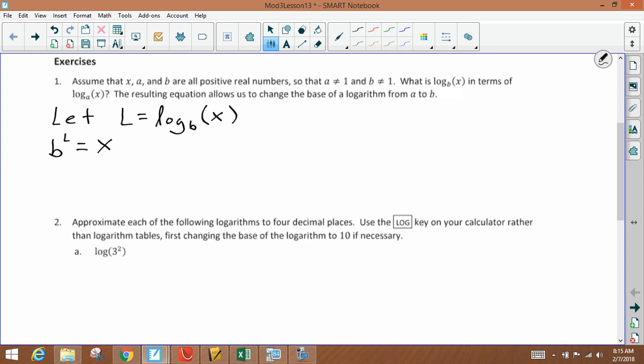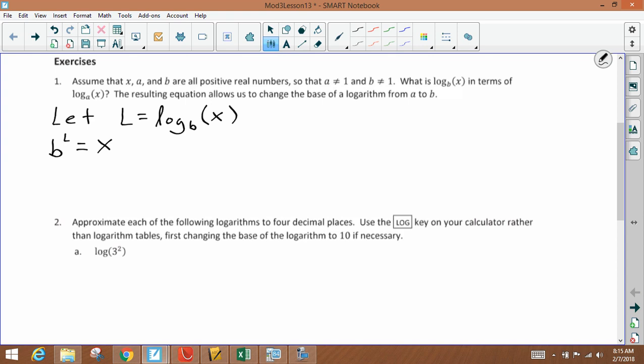Remember, we have a property of logarithms. Remember b to what power is x? So that's all I'm doing. I'm saying b to the L power is x. It's just another way of writing that logarithmic equation as an exponential equation.